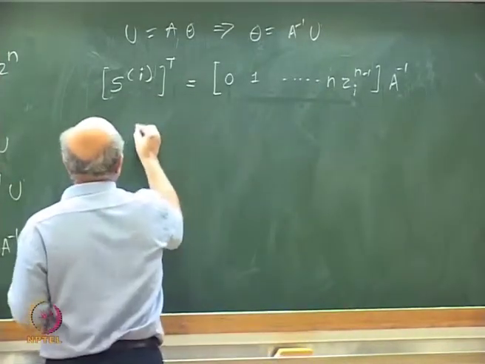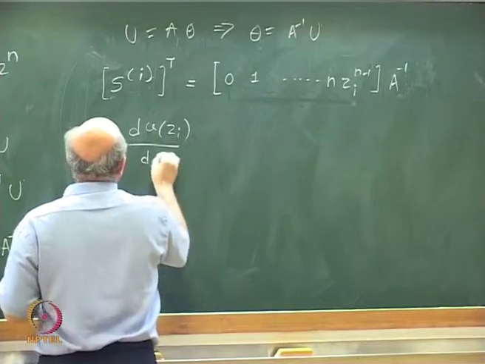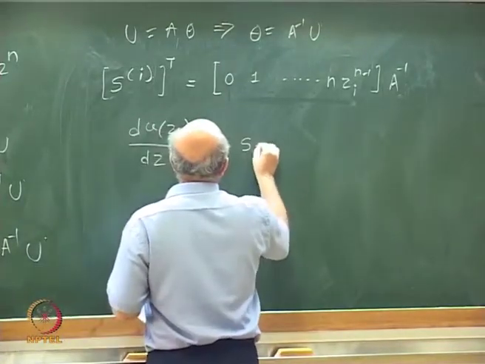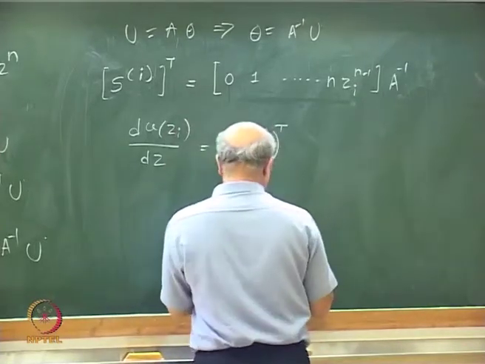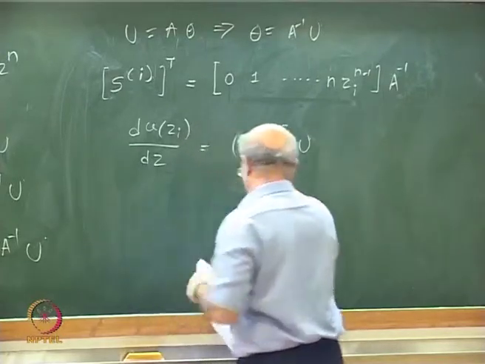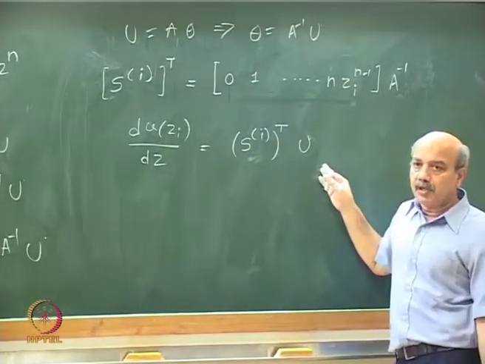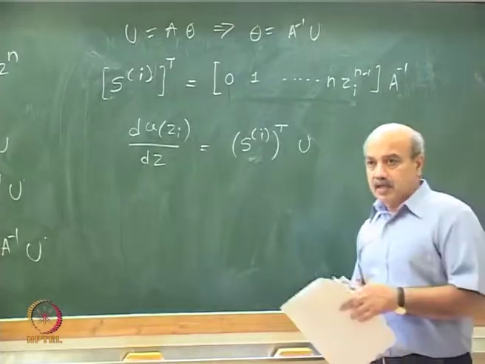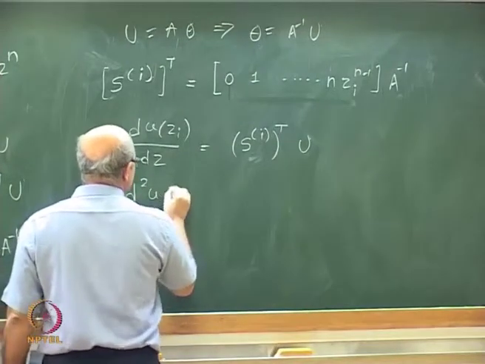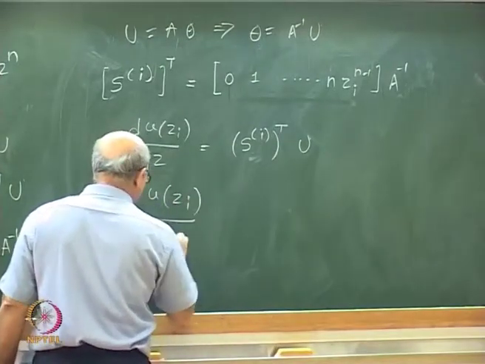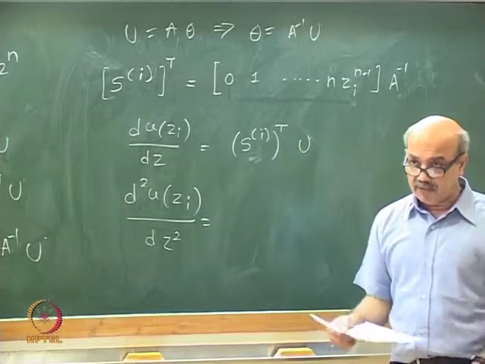So my equation assumes the form du by dz equal to Si transpose u. Likewise, I also derived the expression for the second derivative d2u by dz square, and I'll just give the final expression because we have done it last time.